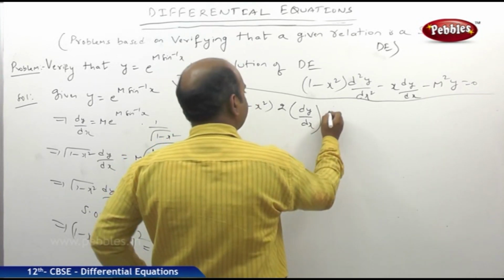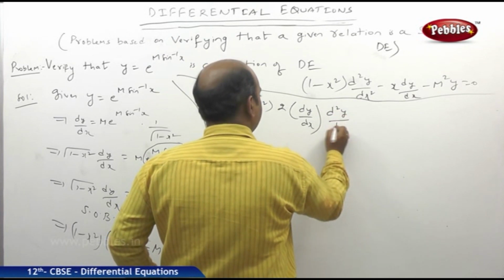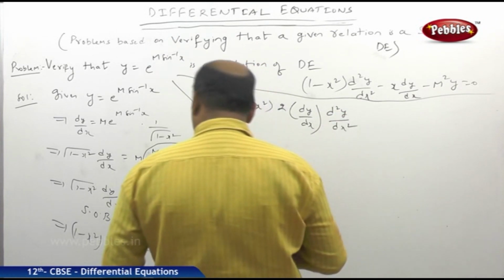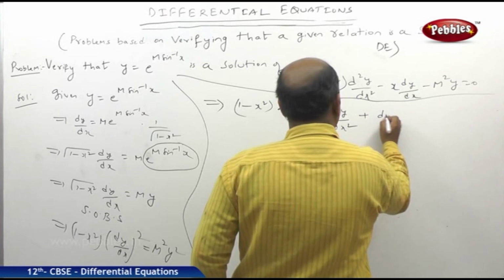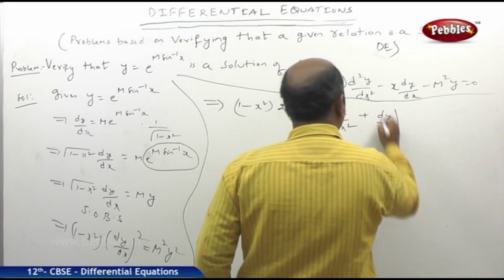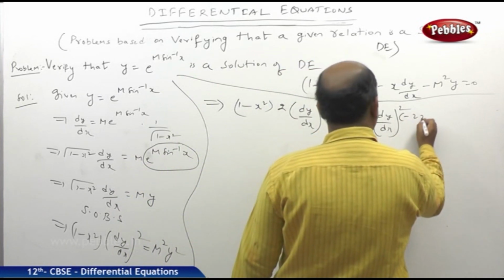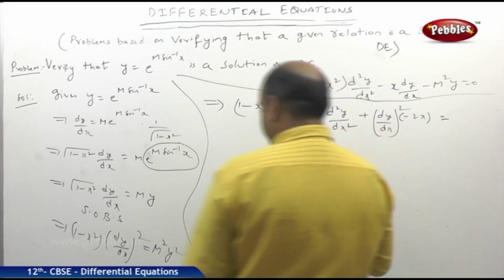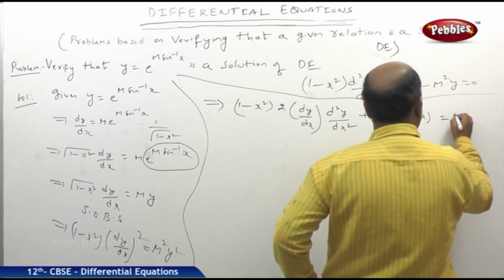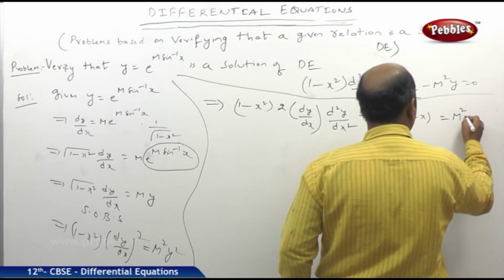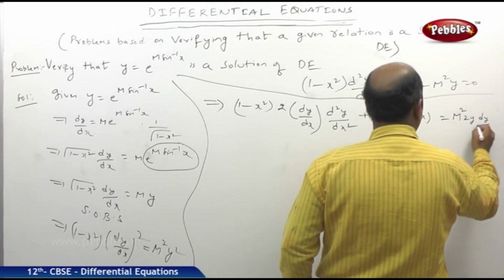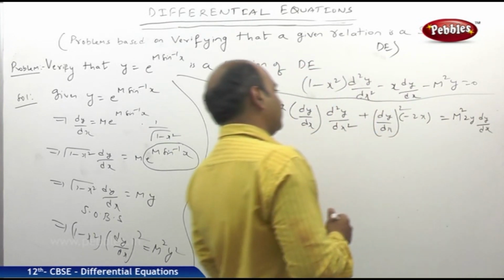So the derivative of dy by dx becomes d square y by dx square, plus dy by dx whole square, and the derivative of 1 minus x square is minus 2x, equal to m square y square. The derivative of m square y square is m square 2y into dy by dx.